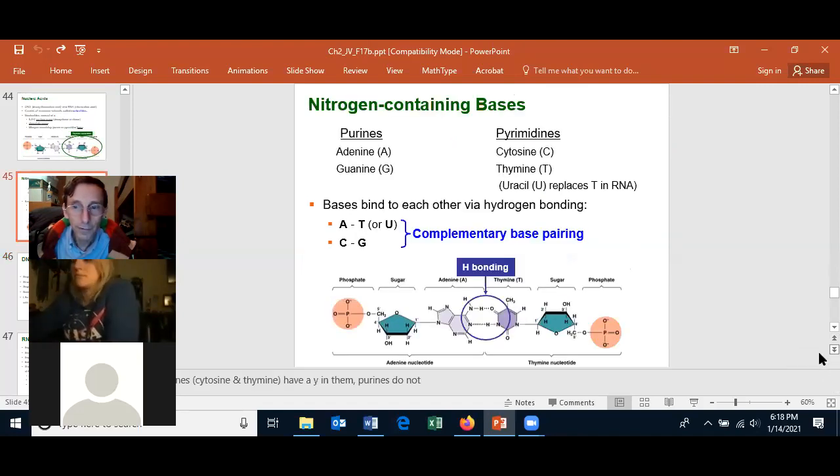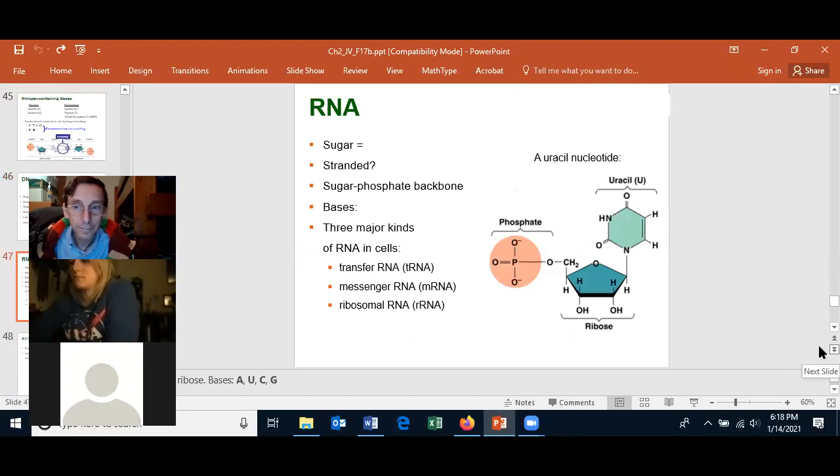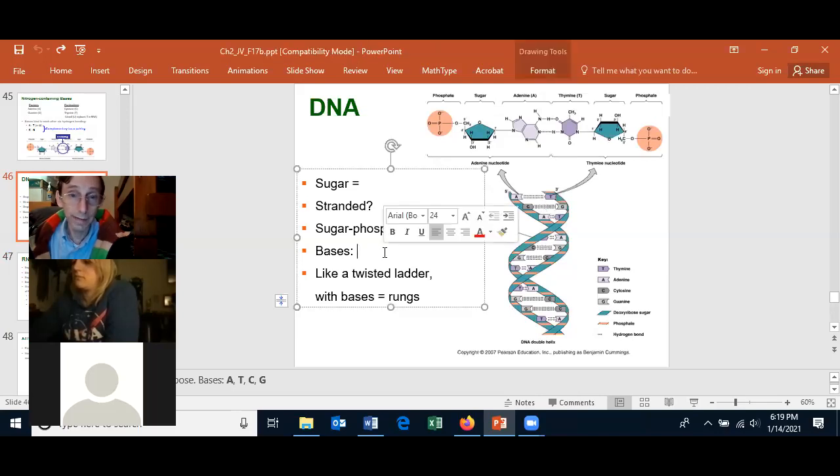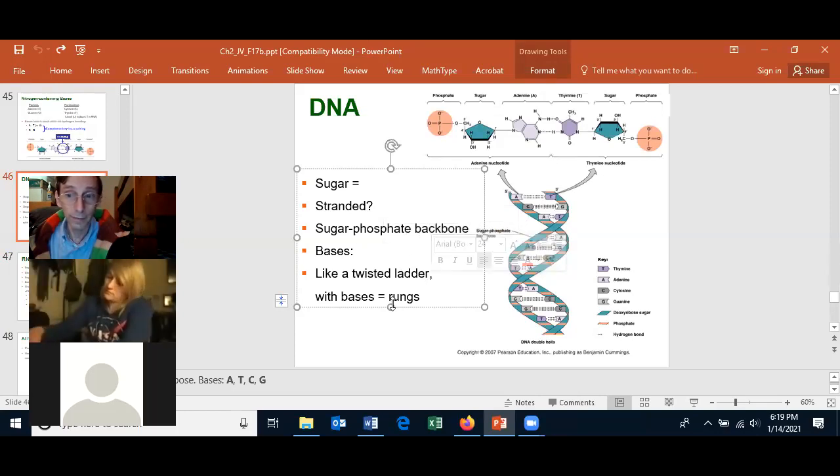I don't show it very clearly here. The sugar and the phosphates bind together, connecting the nucleotides together. The nucleotide bases are the steps on the double helix of the two DNA strands. I mentioned there are four bases in DNA, and it's a twisted ladder with the bases as the rungs.